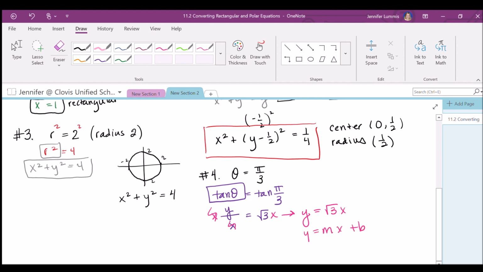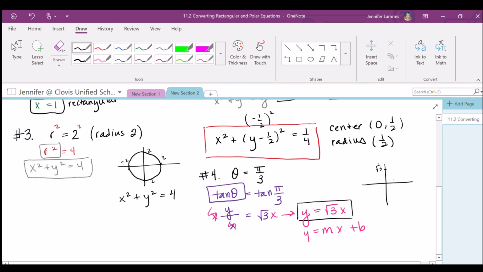So if you consider that in its point slope form, you do have the equation of a line. And so that's what this picture should be. So it's simply passing through the origin and has a slope of root 3. So that would be up root 3 and then over 1. And that would give you your slope.